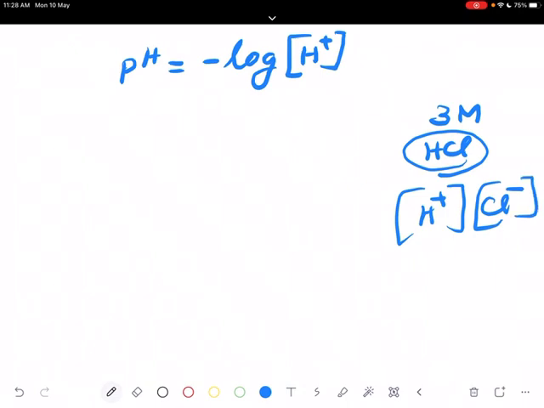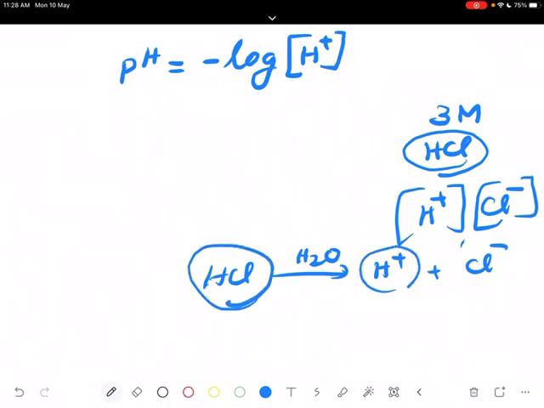Because in water, HCl dissociates or ionizes into H plus and Cl minus. 1 HCl can give 1 H plus, 2 HCl can give 2 H plus, 3 HCl can give 3 H plus. Similarly, 1 HCl can give 1 Cl minus, 2 HCl can give 2 Cl minus, 3 HCl can give 3 Cl minus.